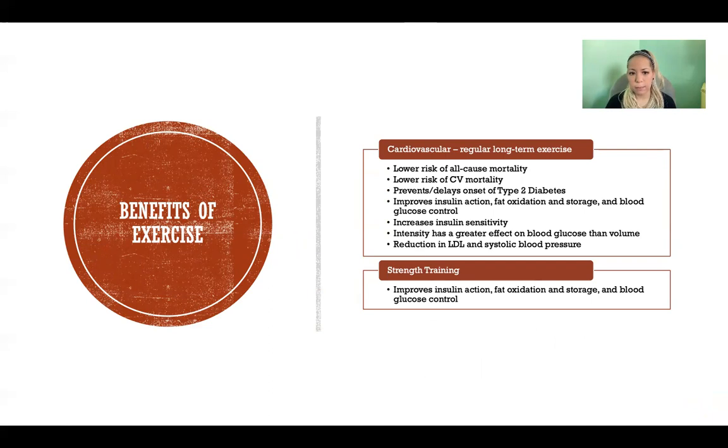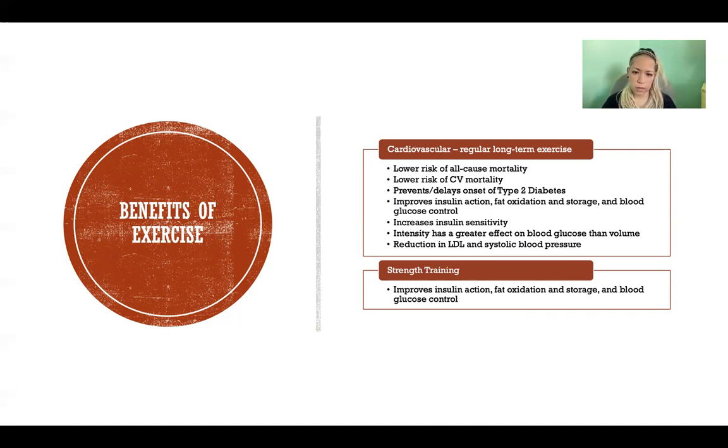So benefits of exercise for diabetes mellitus. As I mentioned, it makes the cells more sensitive to insulin, which is the best thing you could possibly do in diabetes mellitus, along with lowering and controlling the carb intake and making your cells more sensitive. And so exercise is excellent for that, both cardiovascular exercise and strength training. Cardiovascular exercise has even more benefits. It lowers risk of all-cause mortality, lowers risk of cardiovascular mortality.